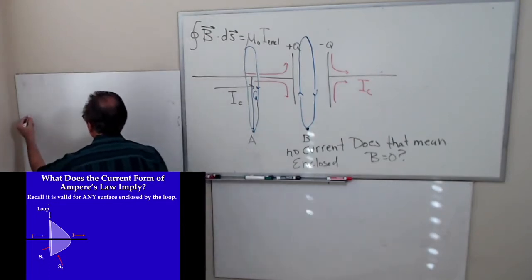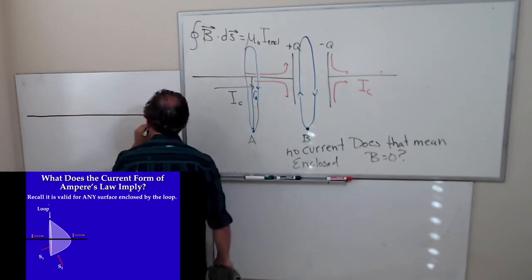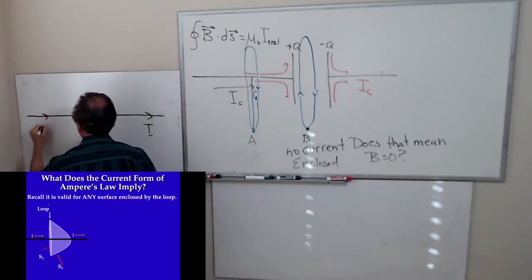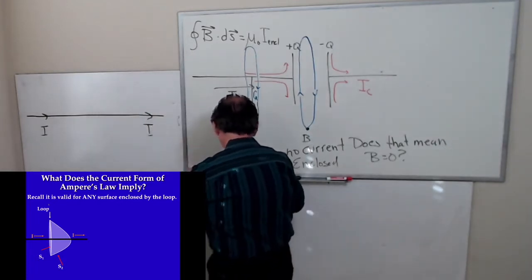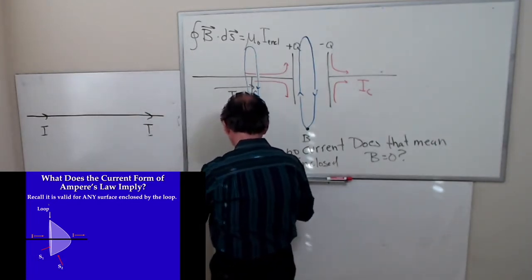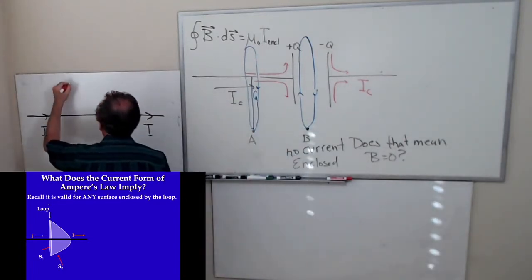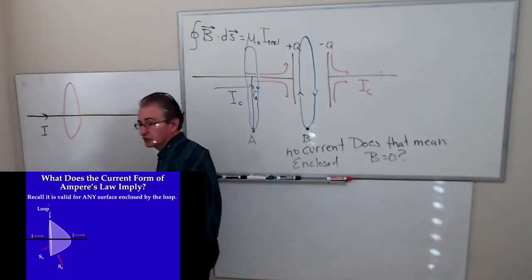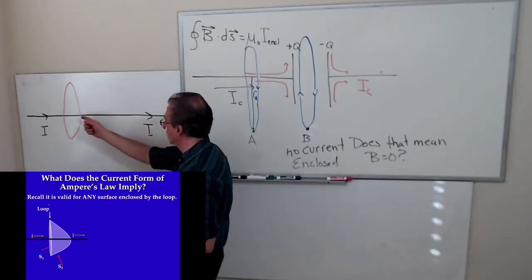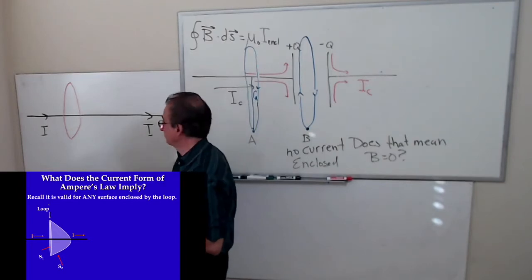Let's say I have a current I, like so, and I draw a surface. I'll call that surface 1, and I know the current through this surface is going to be I.